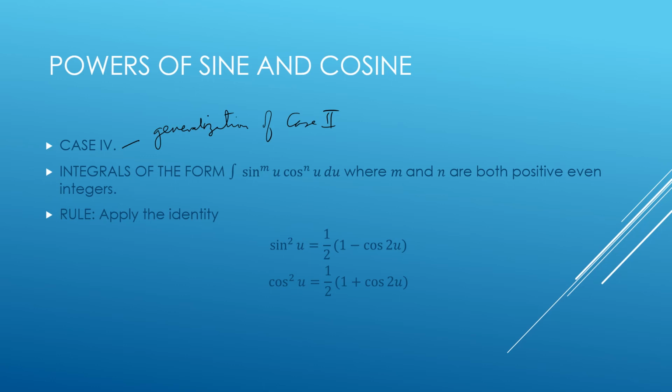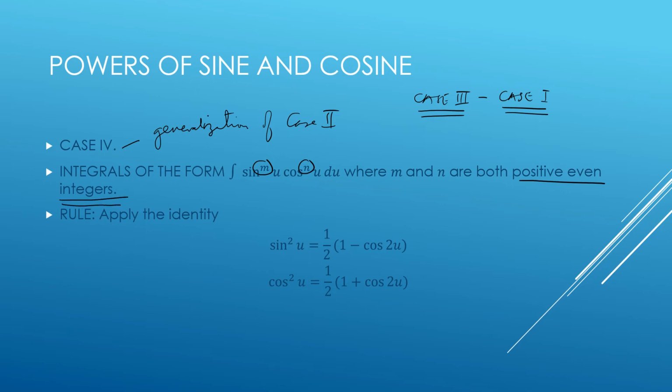The rule applied to case 3 is the same as the one used for case 1, where the power of sine or cosine is a positive odd integer. Now for case 4, which is similar to case 2, both powers of sine and cosine are positive even integers.